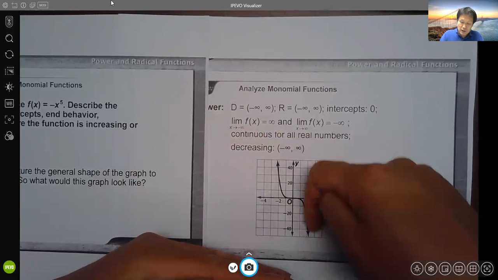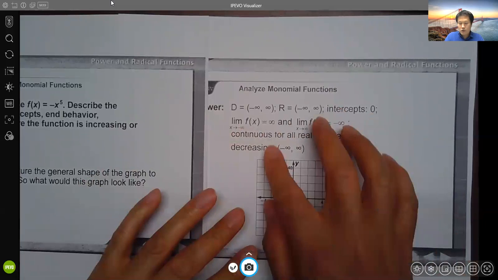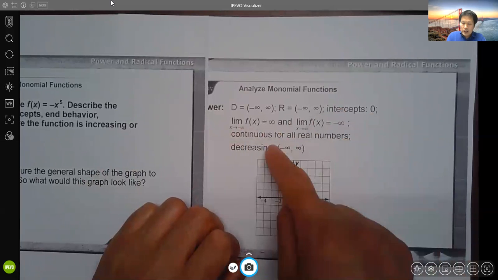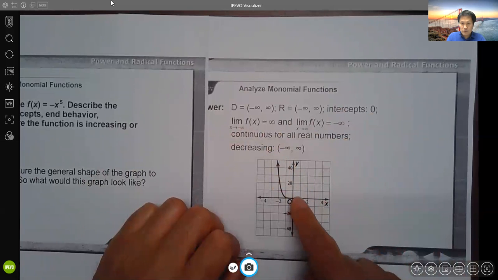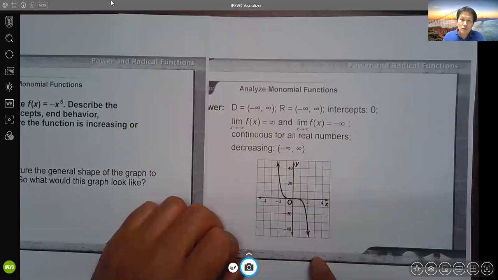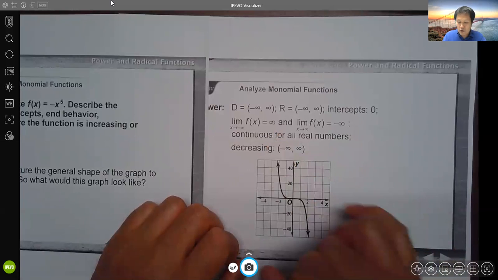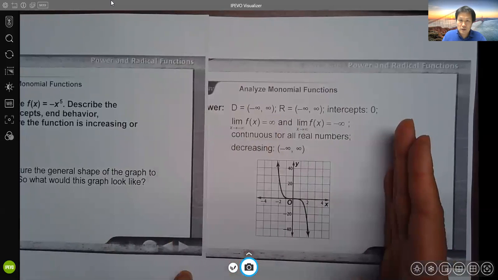Minus infinity, going down. It's continuous everywhere, continuous for all real numbers. As you move to the right, decreasing, decreasing, decreasing. This is decreasing everywhere. It never increases. It never goes constant. Decreasing from minus infinity to positive infinity.